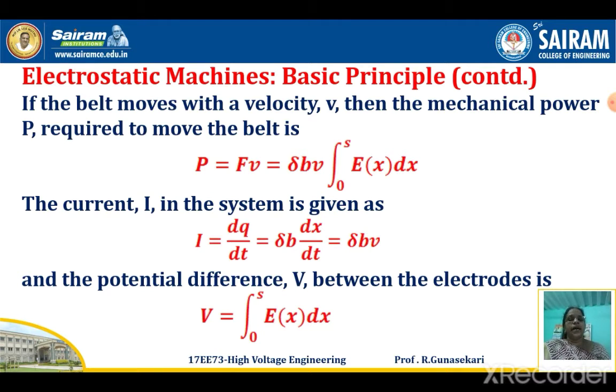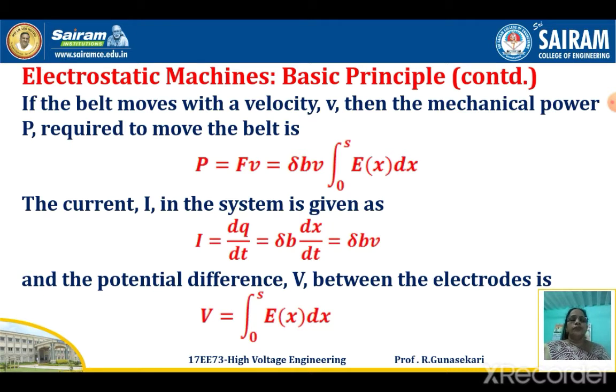The current I in the electrostatic system is given as I equal to dq by dt, that is I equal to delta into b into dx by dt, that is equal to delta b v. Then the potential difference capital V between the electrodes.